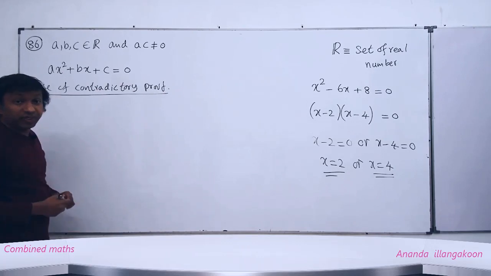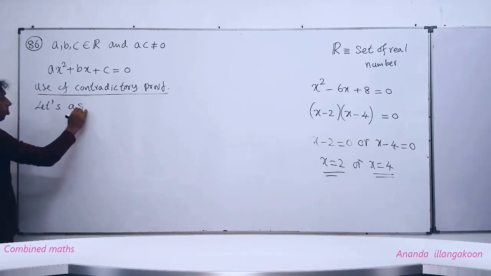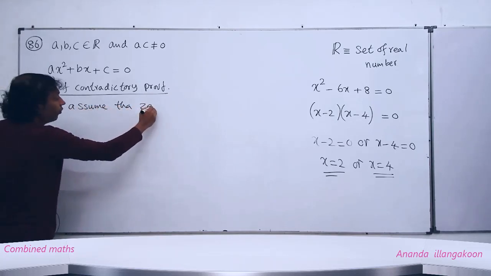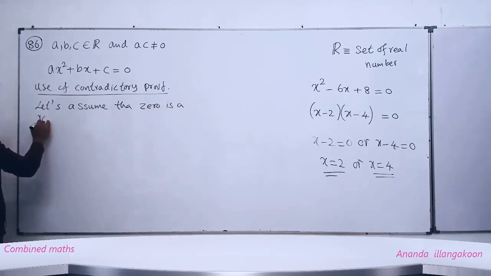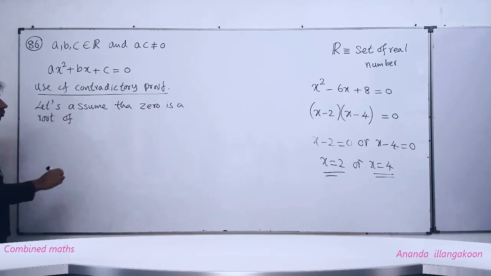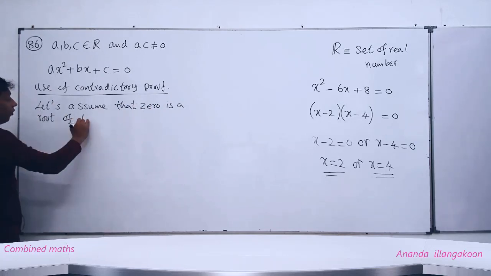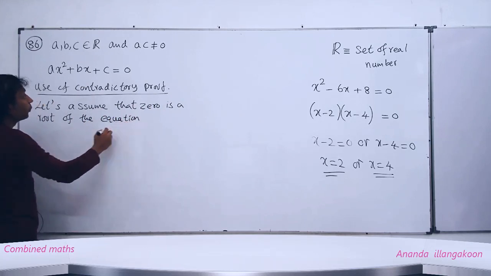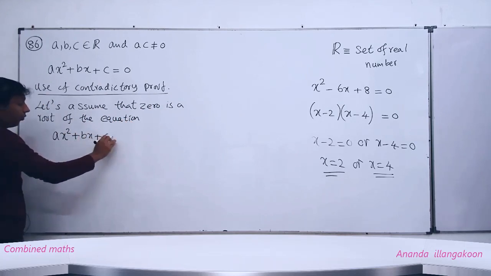Right. So then we'll write, people, let's assume that 0 is a root of the equation ax squared plus bx plus c equals 0.